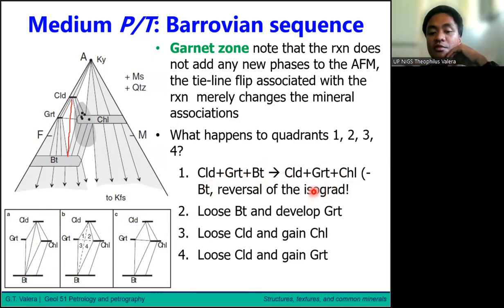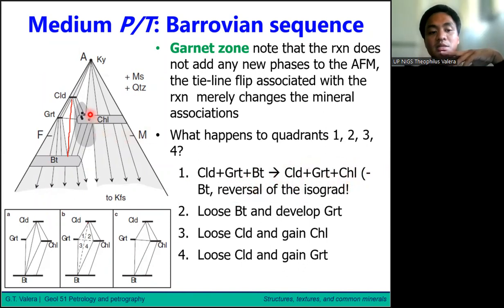This is a reversal of the isograd, classic Barrovian isograd. Di ba? Sa Barrovian isograd, chlorite and then biotite and then garnet and then staurolite. Hindi pala. Chlorite, biotite, and then garnet. Something like that. Anyway, so this is a reversal of the isograd from a biotite-bearing rock naging chlorite-bearing rock.